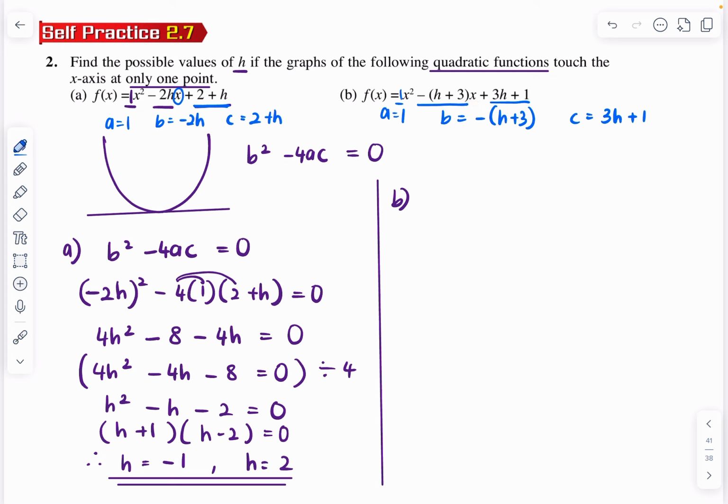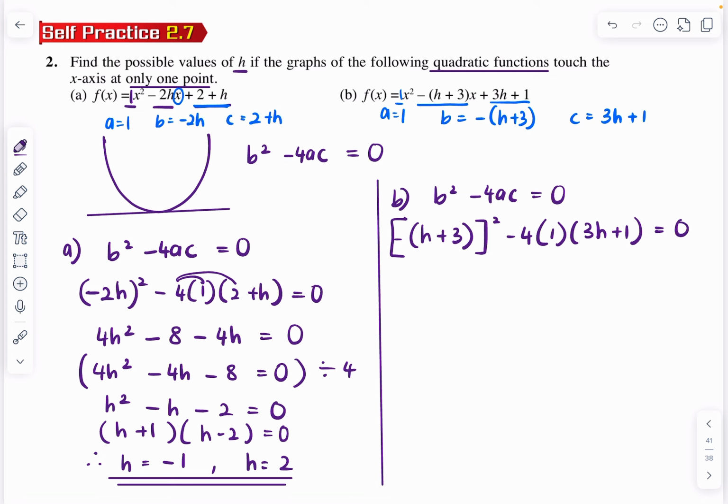So B square, B square minus 4ac equal to 0. Negative h plus 3 whole thing you must square minus 4ac equal to 0.